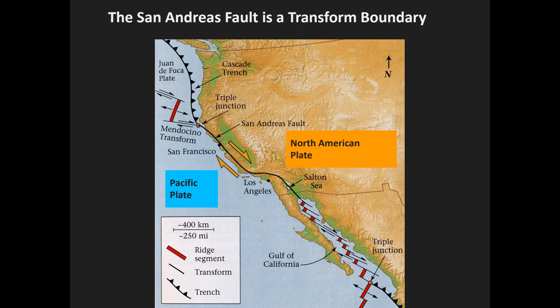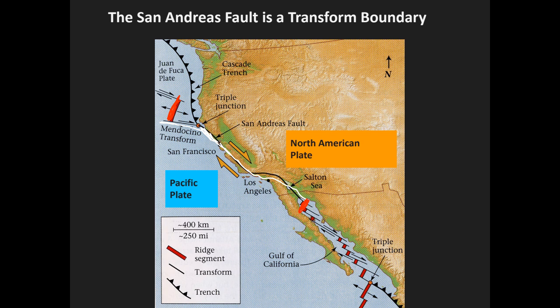This fault right here. And again, this is nothing but splitting of two divergent boundary. If you have divergent boundary right here, another divergent boundary somewhere here, basically this line here just splits this divergent boundary from this one here.